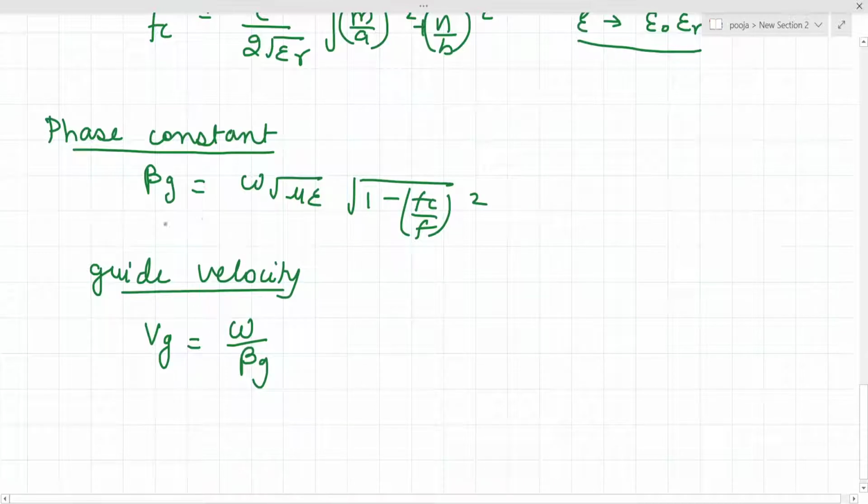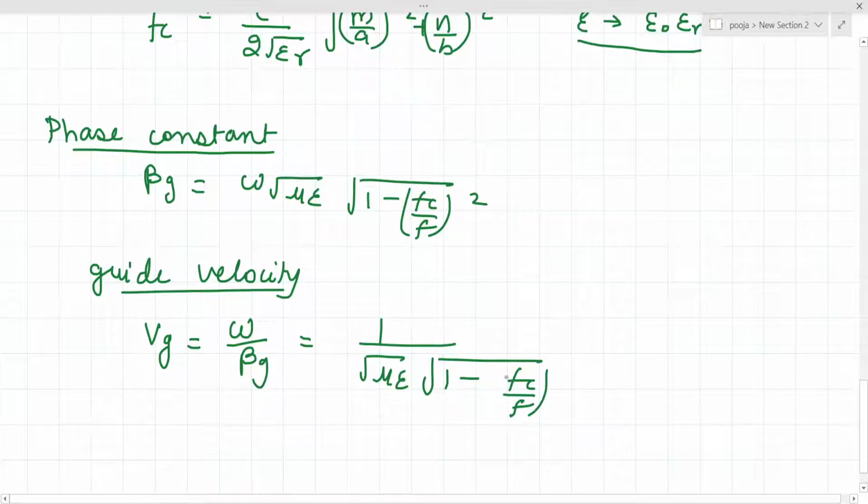From this equation you can determine the value of Vg, which is equal to 1 by under root mu epsilon under root 1 minus (fc by f) whole square. For free space, this will become Vp under root 1 minus (fc by f) whole square. This Vp is equal to C for free space, and Vp is equal to C over under root epsilon r for the dielectric filled waveguide.